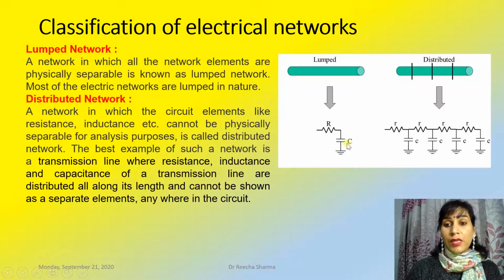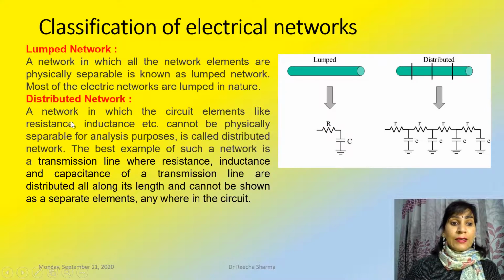In this circuit I have the resistance and the capacitance. I can separately measure the value of resistance and capacitance. So where we can separate out the components of the network, it is known as a lumped network.